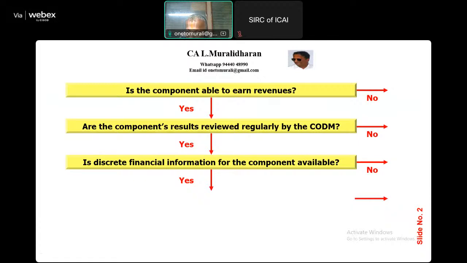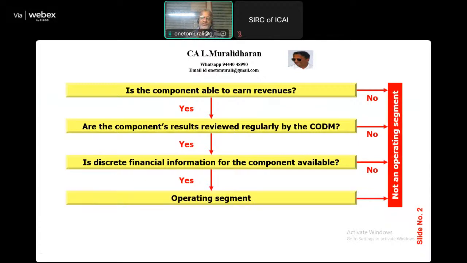Or you can consider that if it were a single person, the CEO. Is discrete financial information for the component available? Yes. So for all these questions, if you have a no as the answer, it is not an operating segment at all. This is what we find in 108.